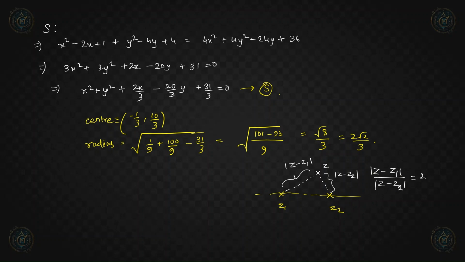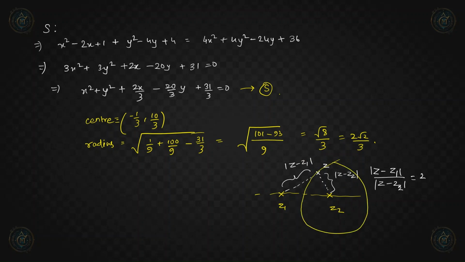So this distance is smaller. If we try to plot, the circle will have its center towards the point whose distance from the variable point z is less. We have |z minus z2| smaller than |z minus z1|, so the circle will look something like this.